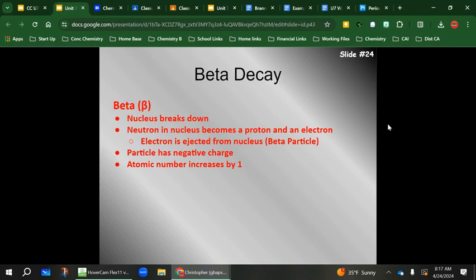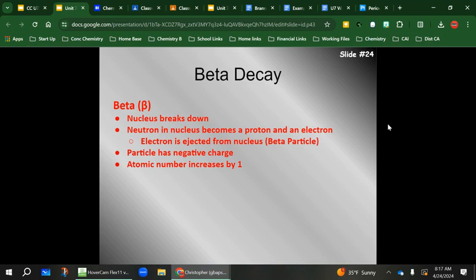I think it became a positive. Which is called a what? What's a positive particle in the nucleus of an atom called? A proton. What's the mass of a proton? 1 AMU.